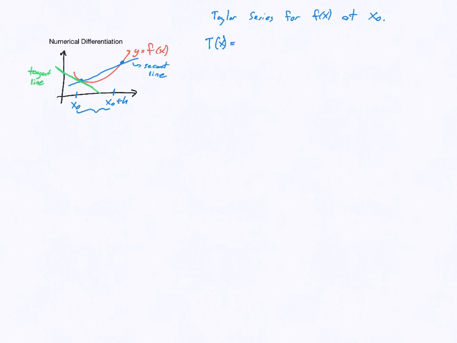So this is going to be equal to f of x naught plus the derivative f prime of x naught times x minus x naught plus 1/2 f double prime of x naught times x minus x naught squared plus ... Now this goes on forever, and that's the entire Taylor series for f of x.